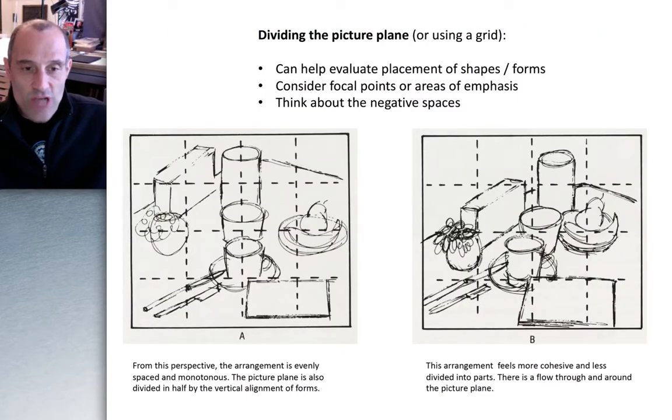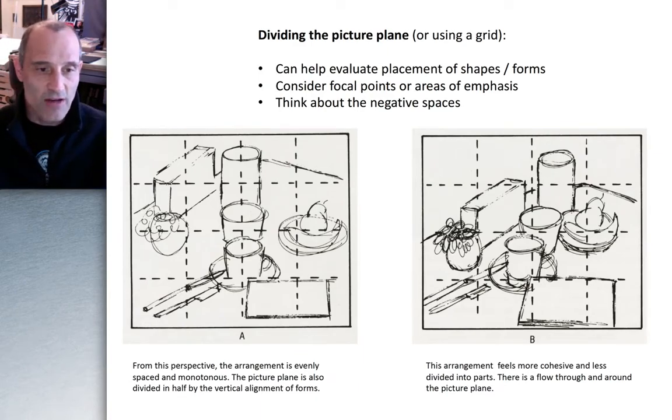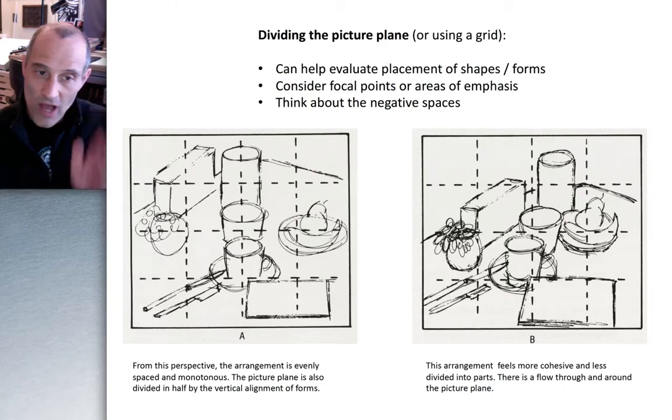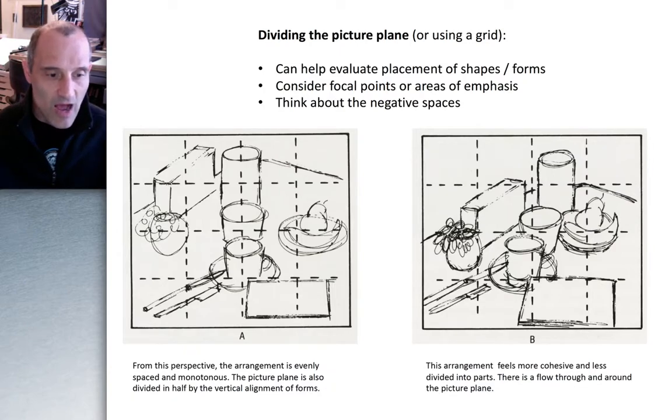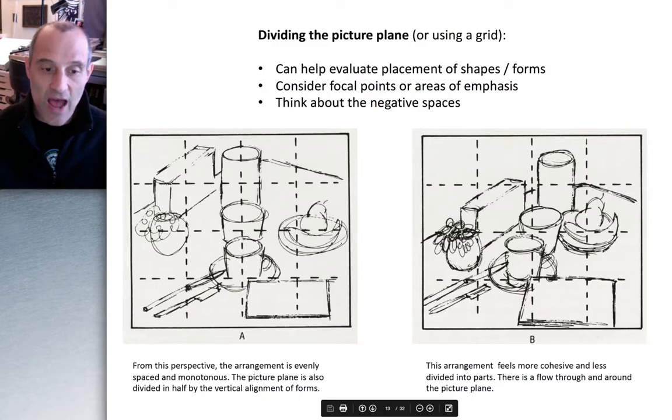Now here are two diagrams of that series of objects. And you can see what I was talking about in the third example, where we had a real vertical column that divides the left half of the picture plane from the right half. It says, from this perspective, the arrangement is evenly spaced and monotonous. The picture plane is also divided in half by that vertical alignment of forms.